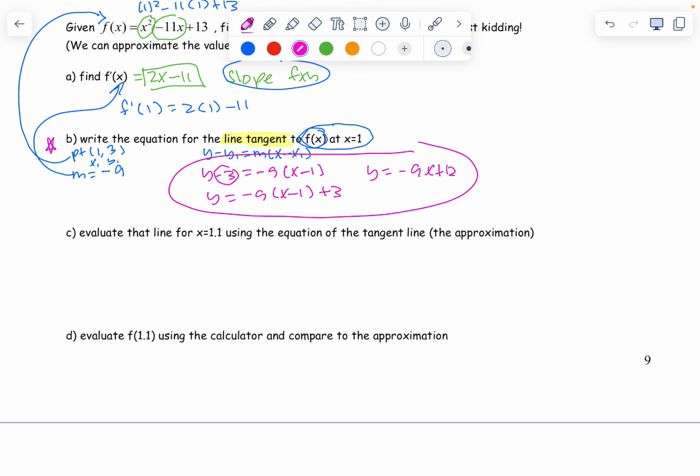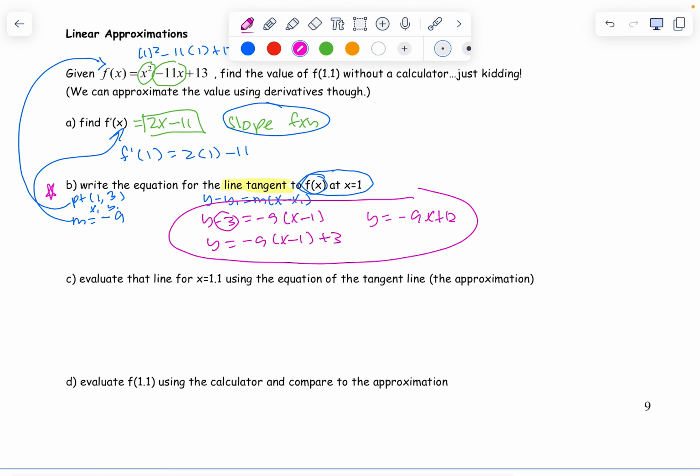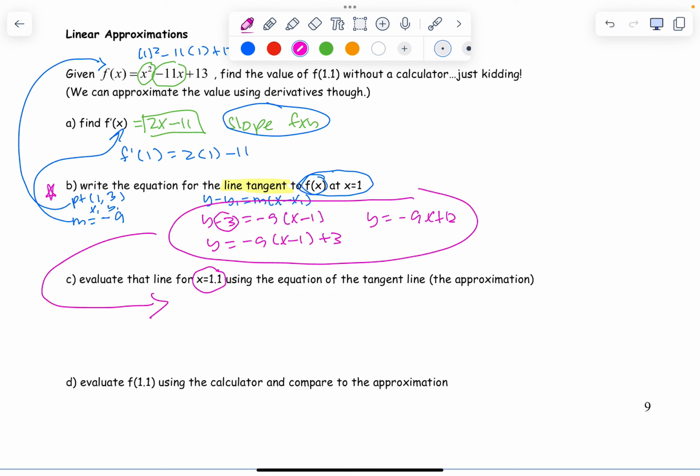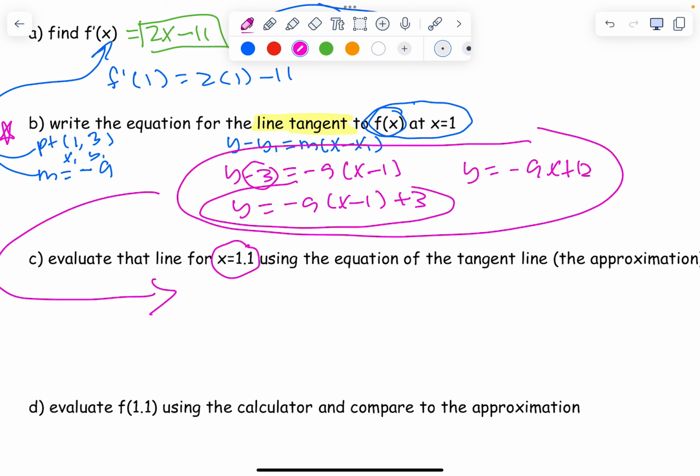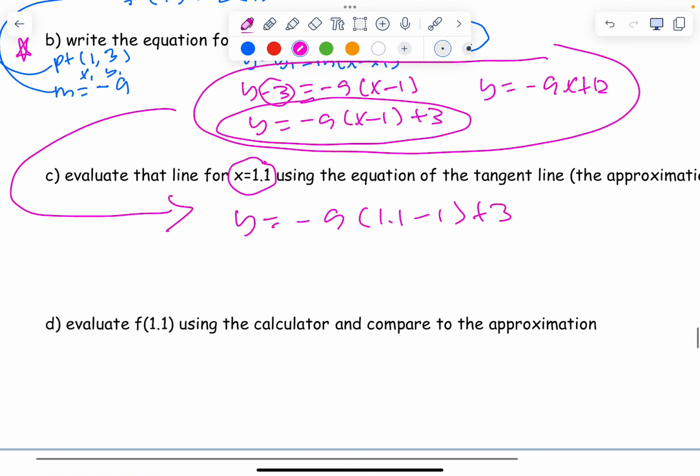Okay, so the equation of our tangent line was part B. So we are going to plug this number into one of these right here. I think I'm going to use the second one over here. You don't have to. So here I go. y is equal to negative 9 times 1.1 minus 1, plus 3.